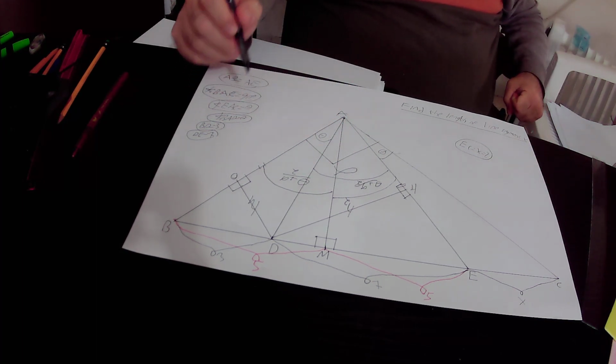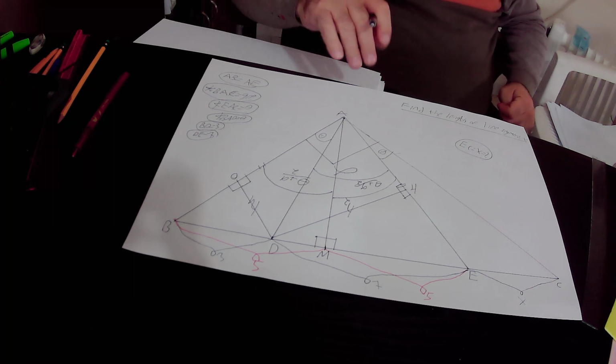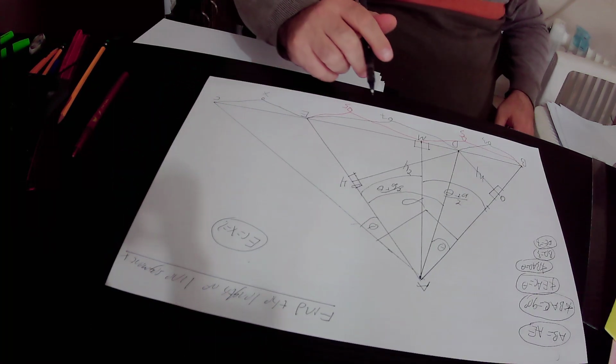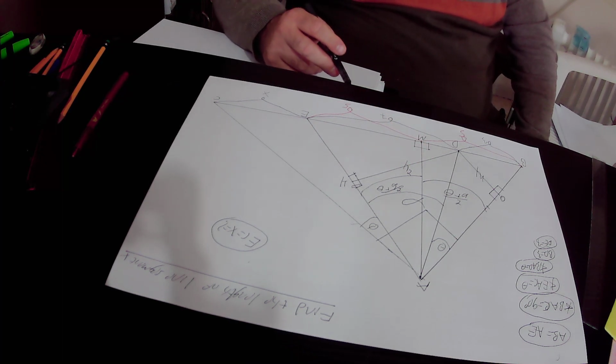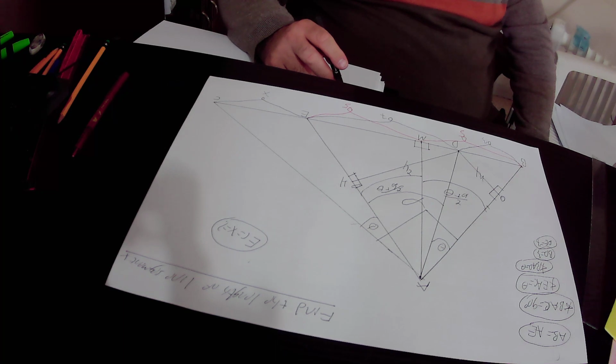Okay, so in the next step, I will copy the right triangle AME in a new page, and we'll analyze the right triangle AME.